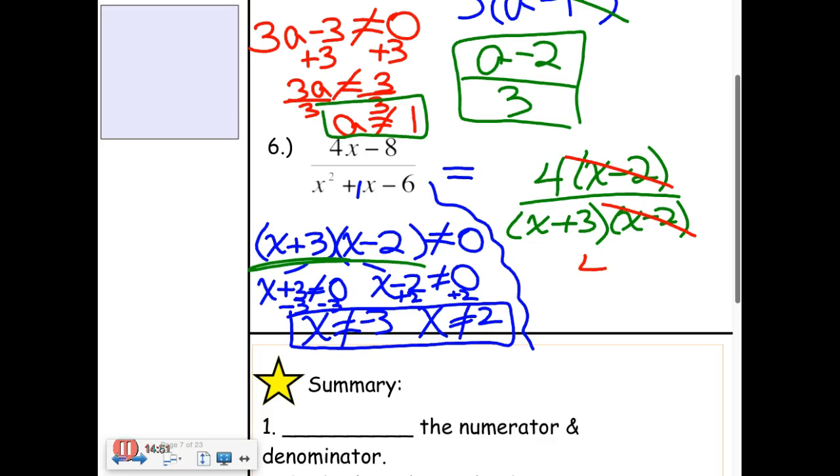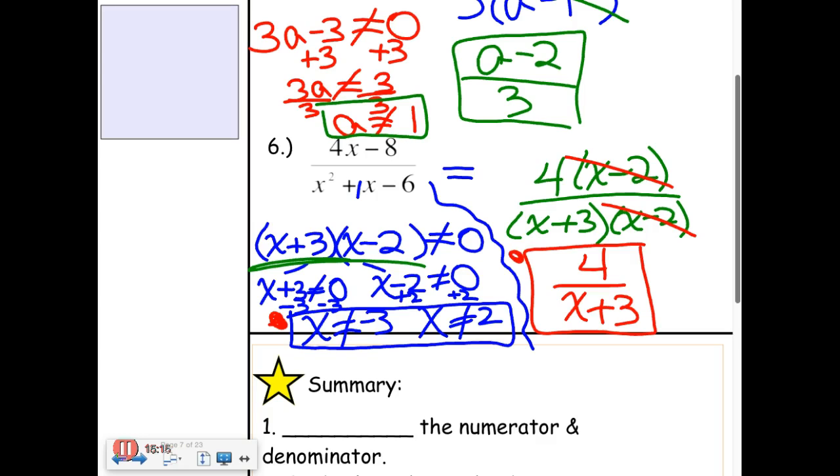So then on top we're left with 4 and on bottom we're left with x plus 3. So that is our answer. And we also have our excluded values. That is part of our answer. So what we're really doing is taking our new piece from today and what we did yesterday.